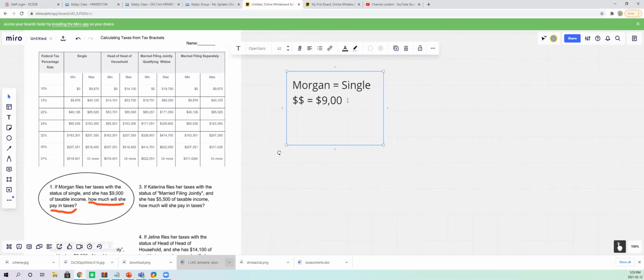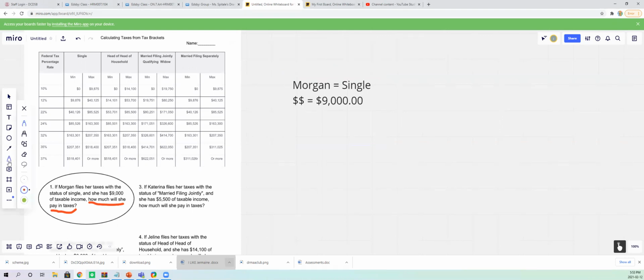The important information about Morgan is that she's single, because we need to know which tax bracket we are looking under. And the important information to know is that she makes $9,000 of taxable income. So that's our other part of the important information that we need to gauge about Morgan.